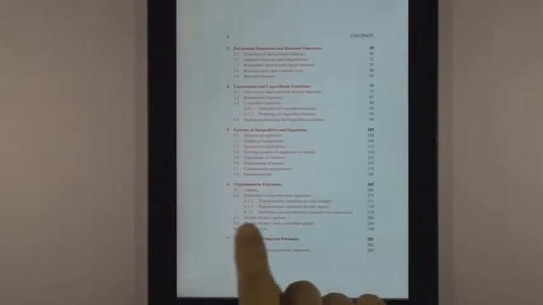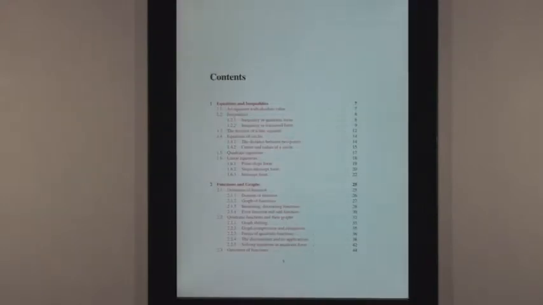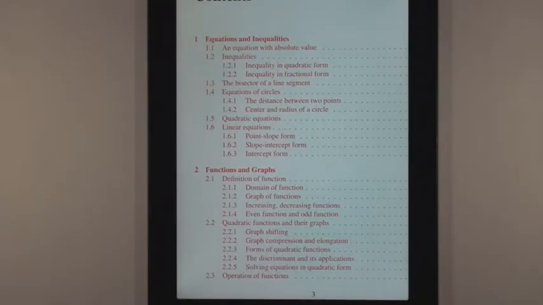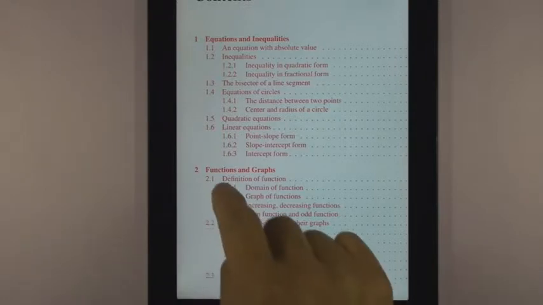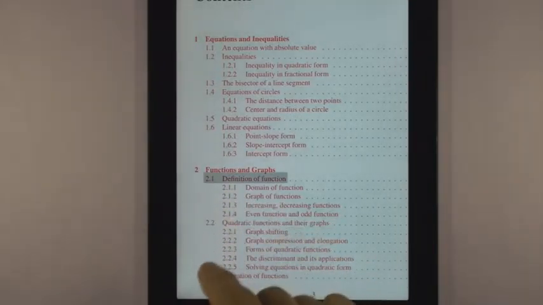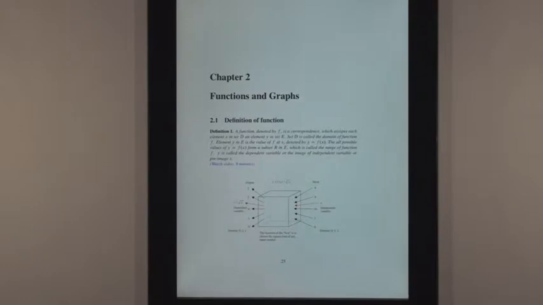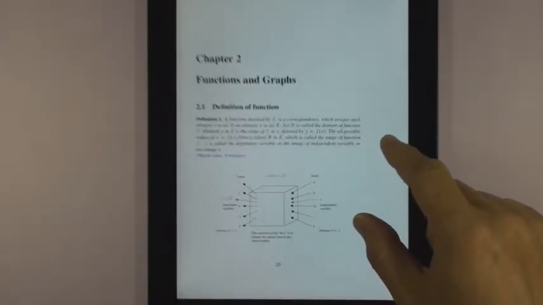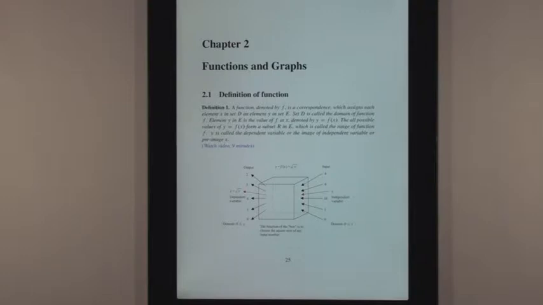If you would like to go to, let's say, section 2.1 as the definition of function, you may click on it. So it will bring you to section 2.1. This is a feature that a traditional ebook may not have.